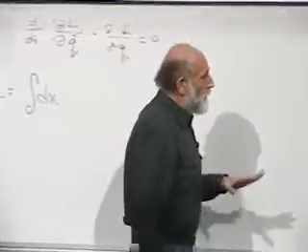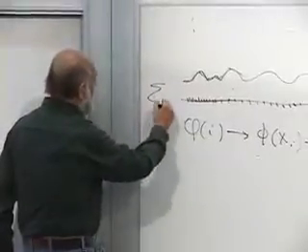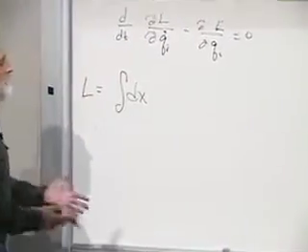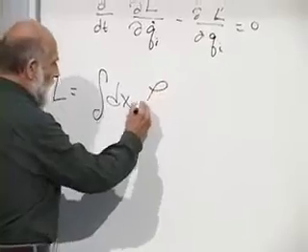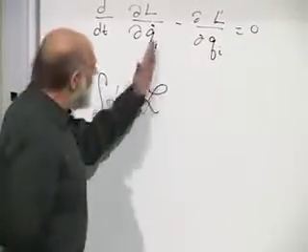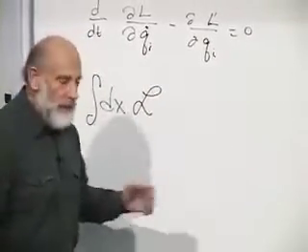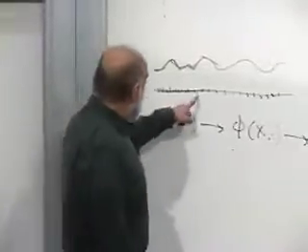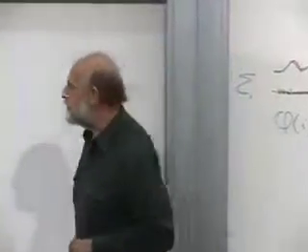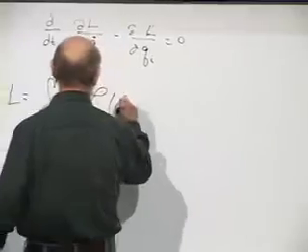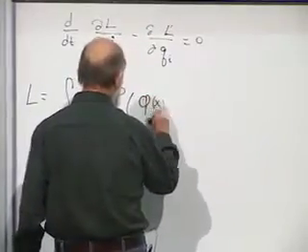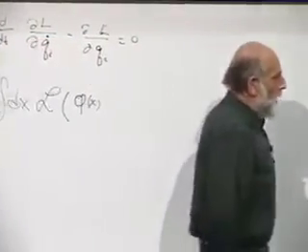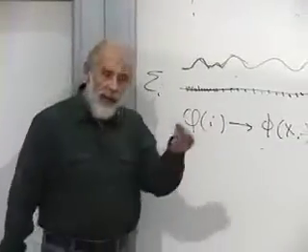The integral over x replaces the sum over i, of some Lagrange density. Lagrange density means you integrate it over space to find the Lagrangian. And what does the Lagrange density depend on? In general, it will depend on the values of the fields at each position. It will depend on phi of x. It may also depend on differences of phi at neighboring points.